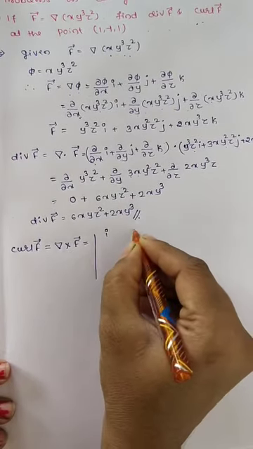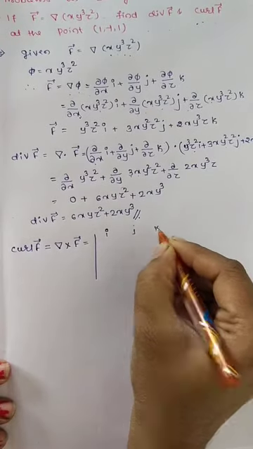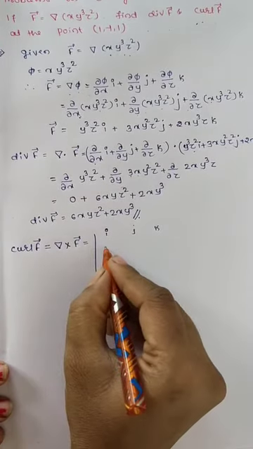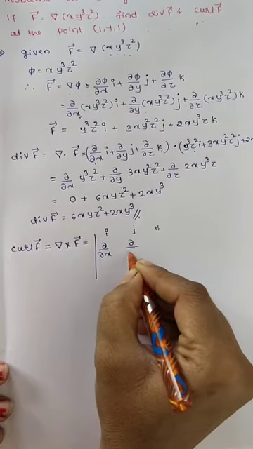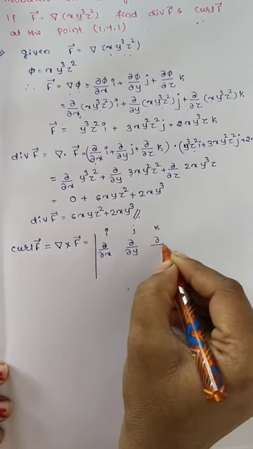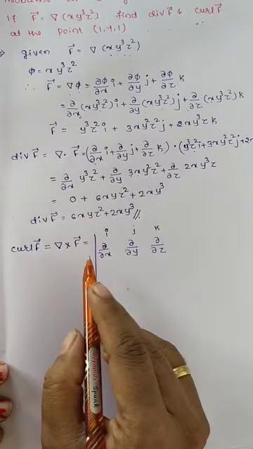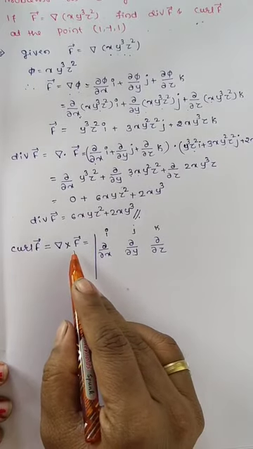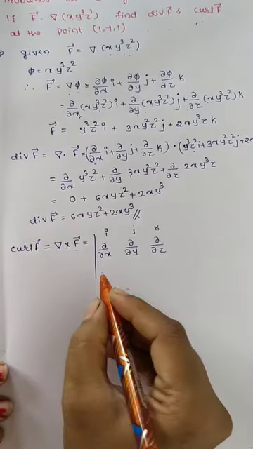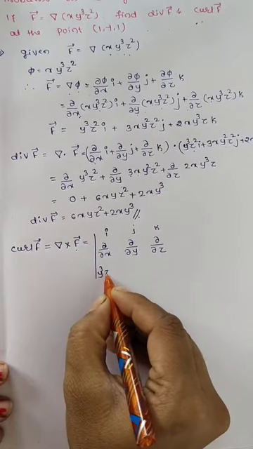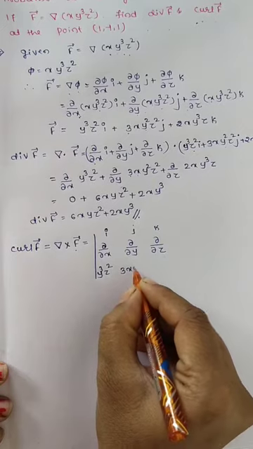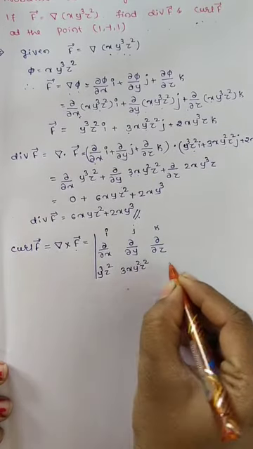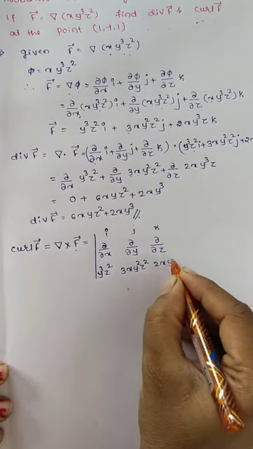Here the first row we take as the i, j, k terms. Second row we take as dou by dou x, dou by dou y and dou by dou z terms. The last row we take as f, that is y cube z square, 3xy square z square, 2xy cube z.